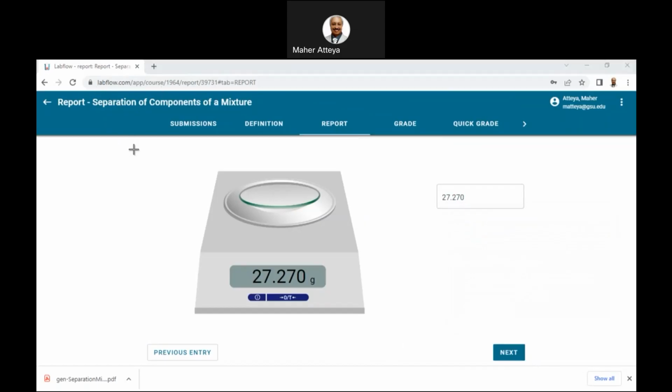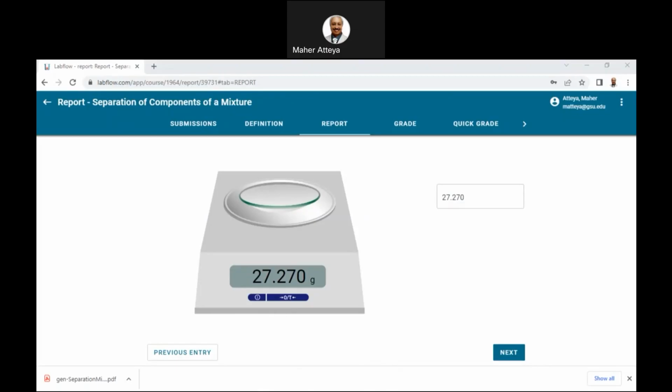Something like this. Okay, now we have the watch glass, so we want the crucible number 2, and now we are measuring.